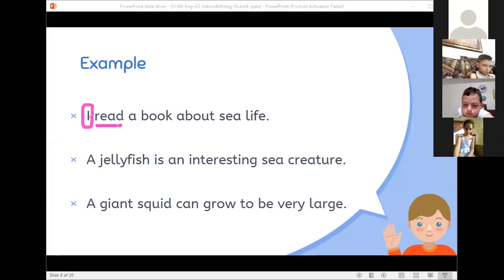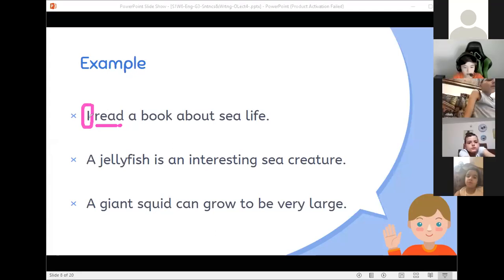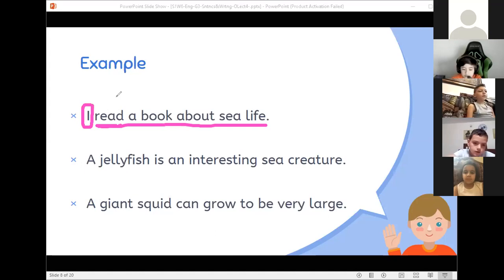So what am I telling about I? I'm telling that I read a book about sea life. So this one we call the telling part. A sentence that has both parts is a complete sentence. Did you understand? Yes. Thank you. Can you mute yourself?